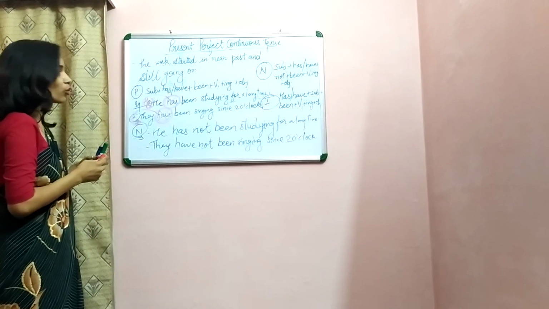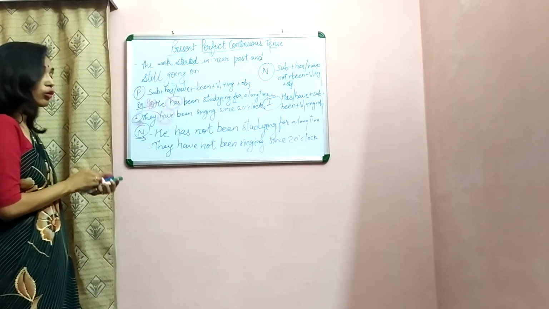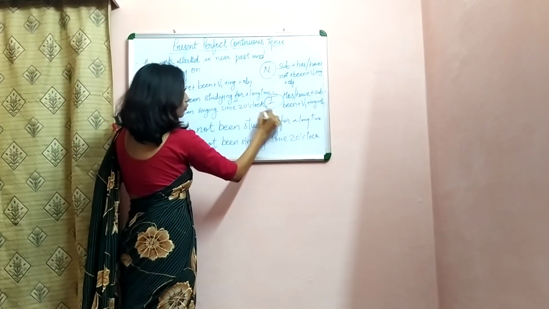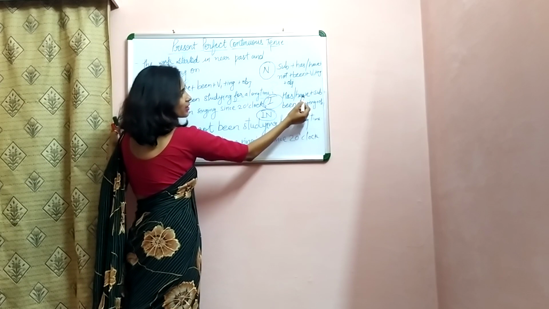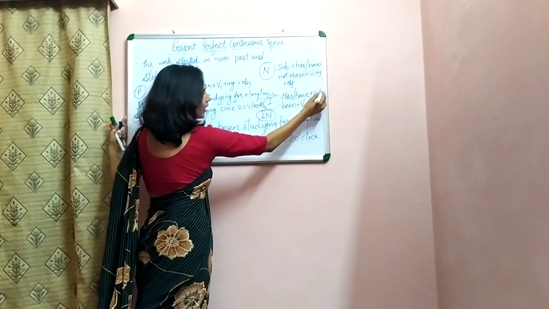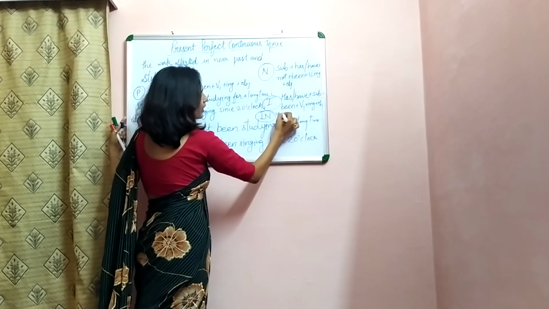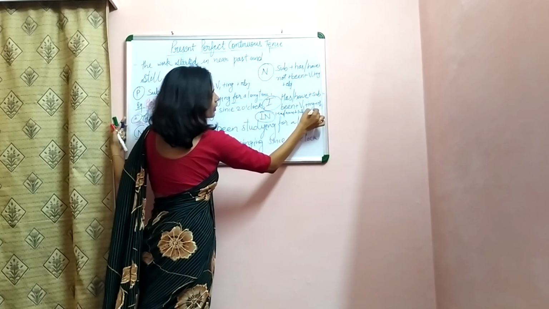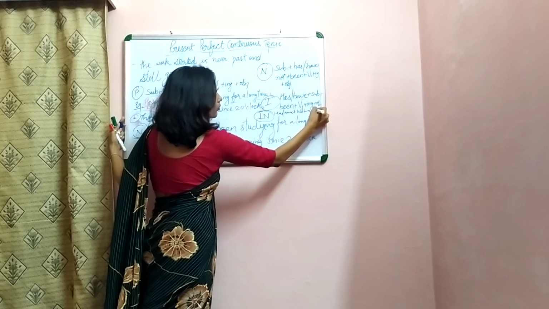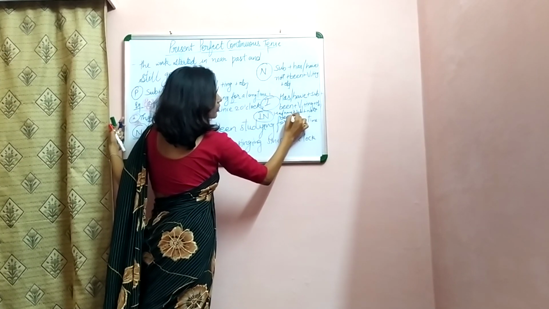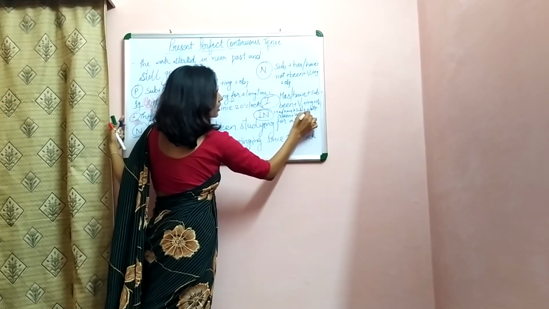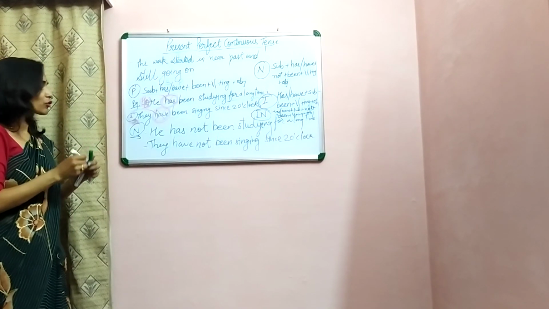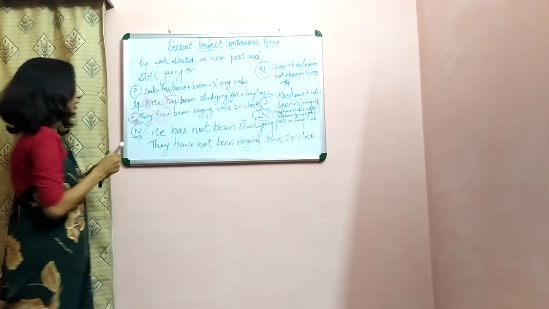Let us see the rule for interrogative negative. The rule for interrogative negative is very easy. Just pay attention. Has or have plus subject, and if it is interrogative negative, then after the subject we will use not plus been plus verb first plus ing, and the object will remain the same.